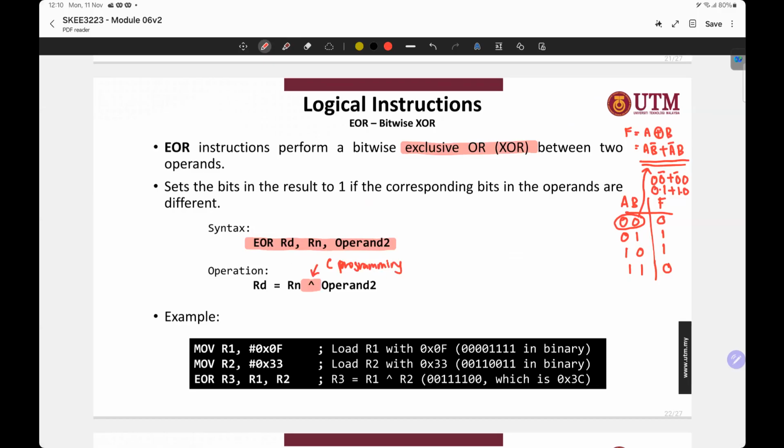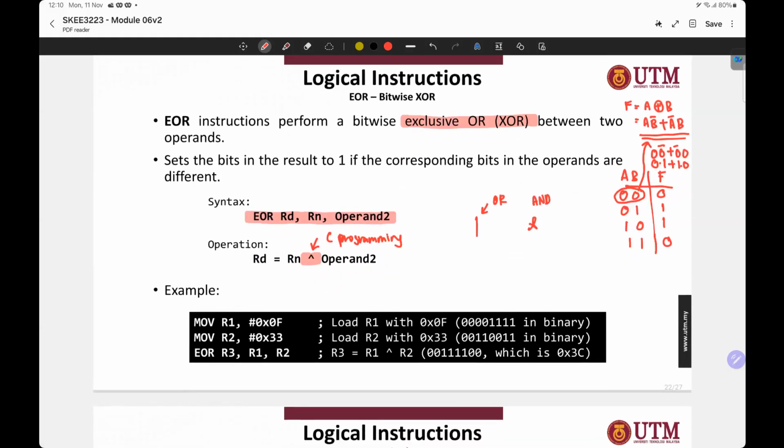Meanwhile, the vertical line represents a logical OR, and for logical AND it is this symbol, the AND symbol. This is in the C programming.